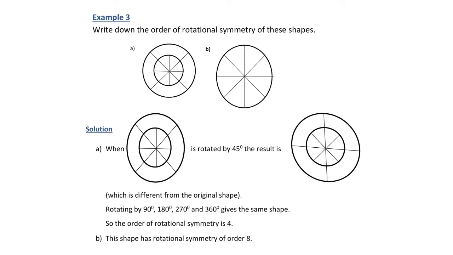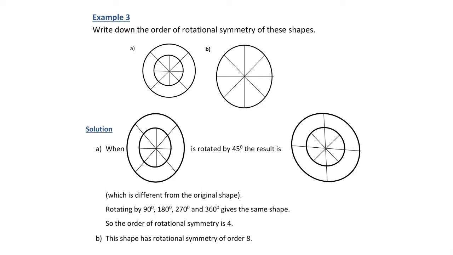Let's look at another example. We saw these shapes earlier on in the first lesson. The first shape is a circle with another smaller circle inside and lines. For the first shape, when it is rotated 45 degrees, this is the result. It's on your screen.